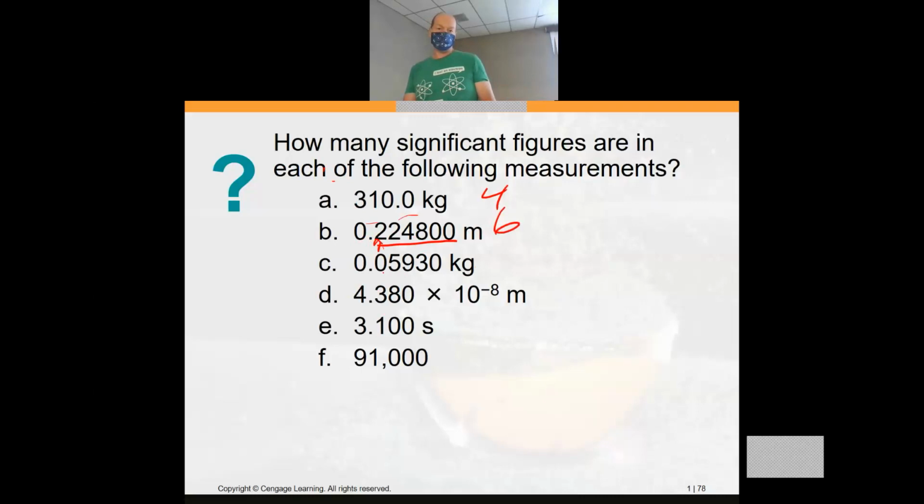So 6, not significant. Yes, significant. 4. Decimal place, yes, significant. 4. Decimal place, yes, significant. 4. Greater than or equal to 1,000. 91,000 is greater than 1,000. And so this is only 2 sig figs. So the only one that should be of any difficulty is the last one.